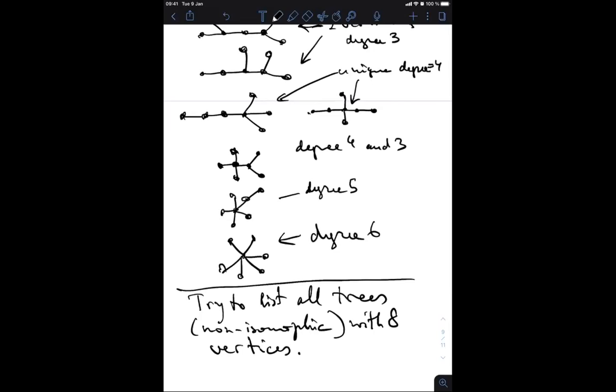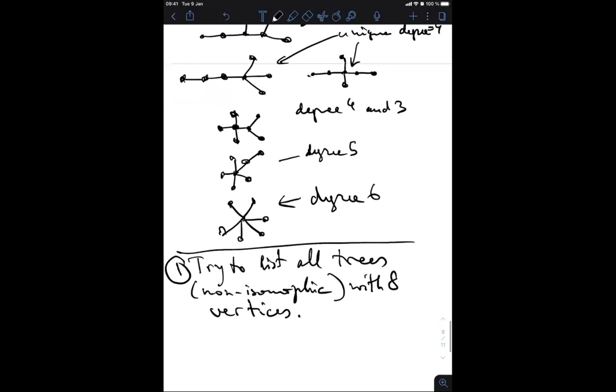And maybe try to count spanning trees in K5.